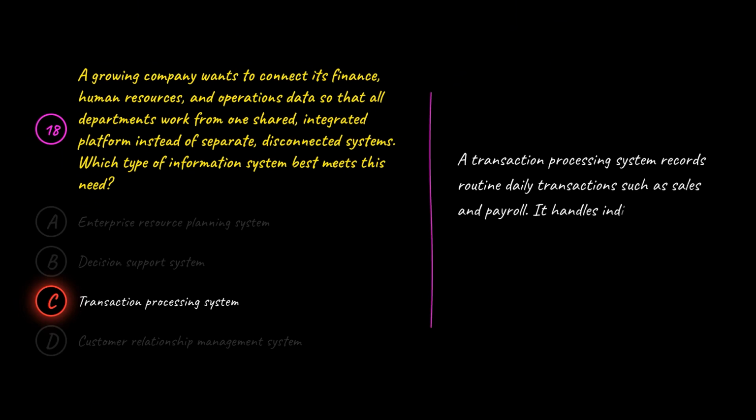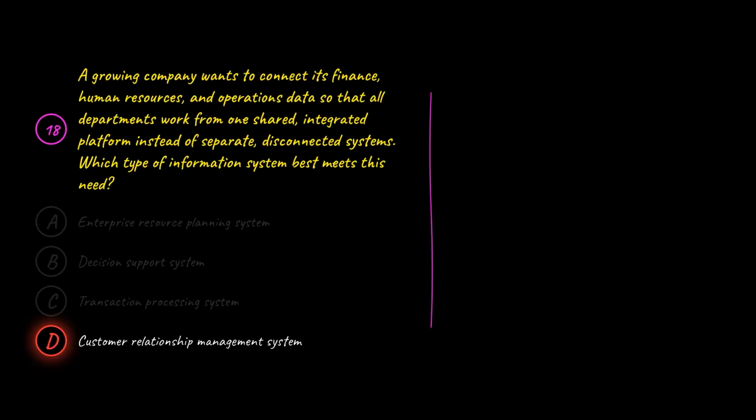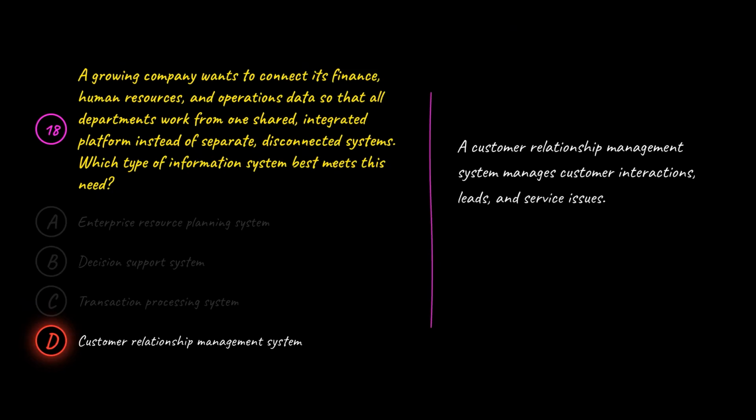It handles individual transactions, not the integration of data across the whole organization. D is wrong because a customer relationship management system manages customer interactions, leads, and service issues. It focuses on the customer side, not on unifying internal finance, human resources, and operations data.